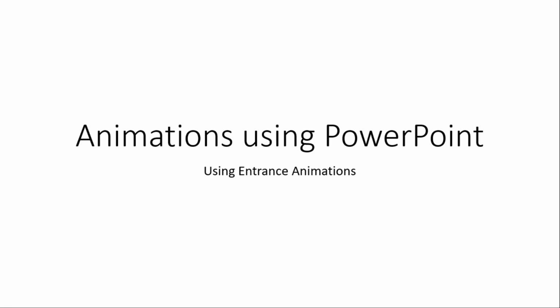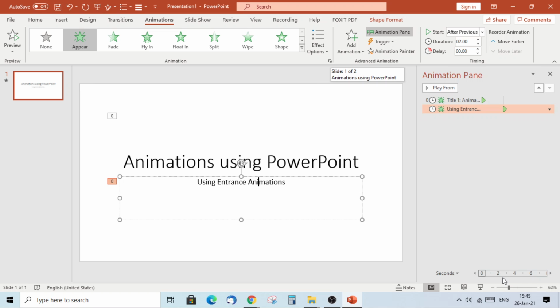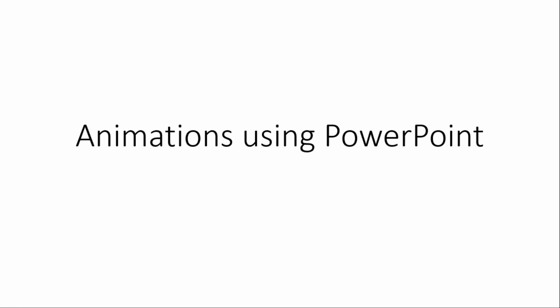You can also decide to delay the time in which the second animation appears after the first one has appeared. So you select the second animation, and then under delay you can say let it appear maybe after 50 seconds. When you click on slideshow, see how that looks. There's a slight delay, and then the second animation appears.